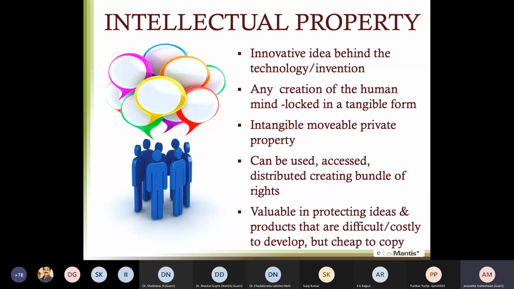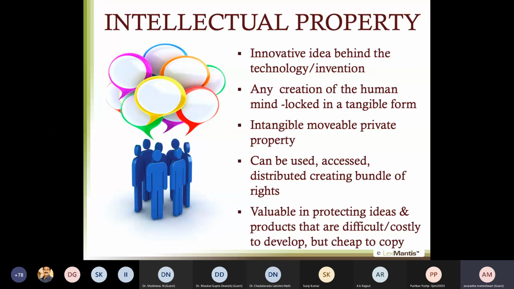So coming to, therefore, what is intellectual property? Fundamentally, at the very basic level, it's an idea, but an innovative idea. All ideas do not have value in them. There are certain ideas that we find great value in. And why do we find great value in a certain idea?